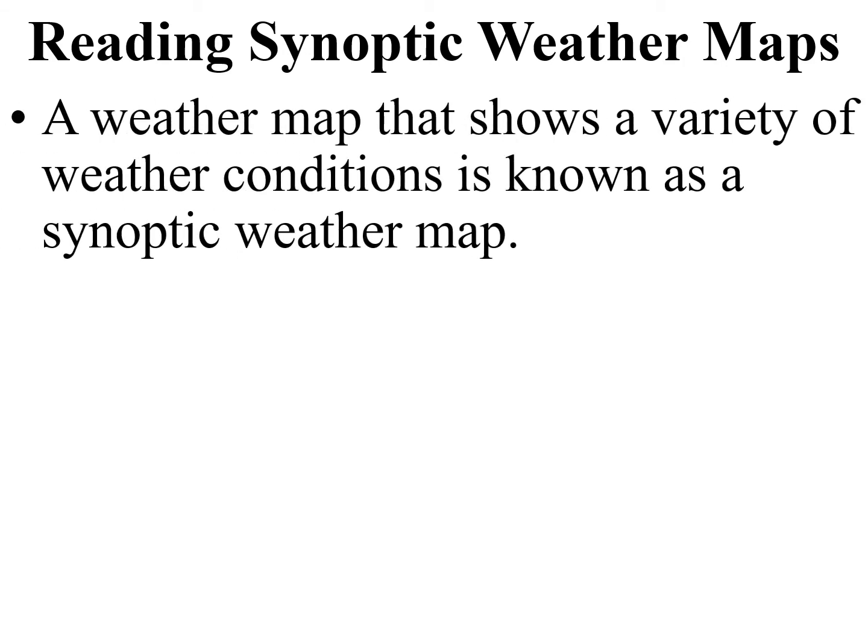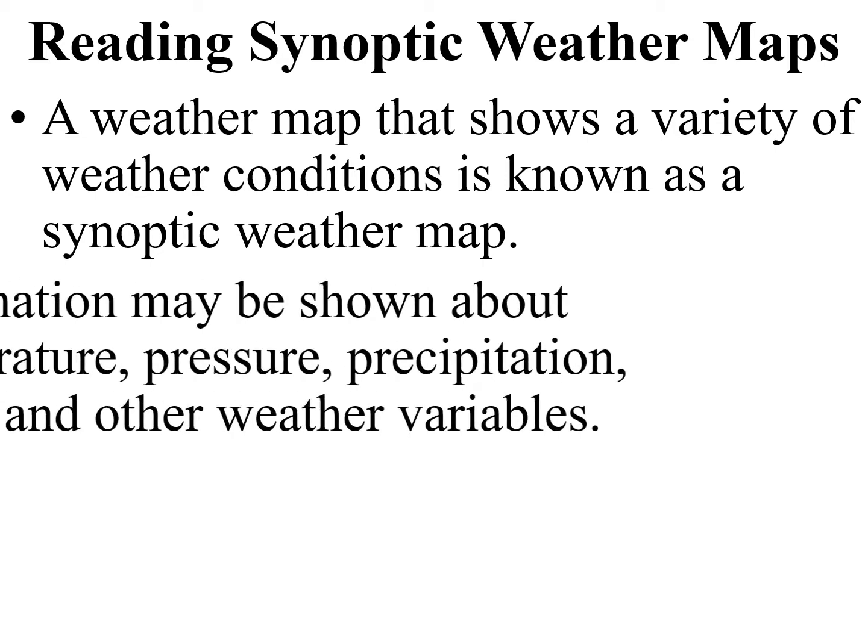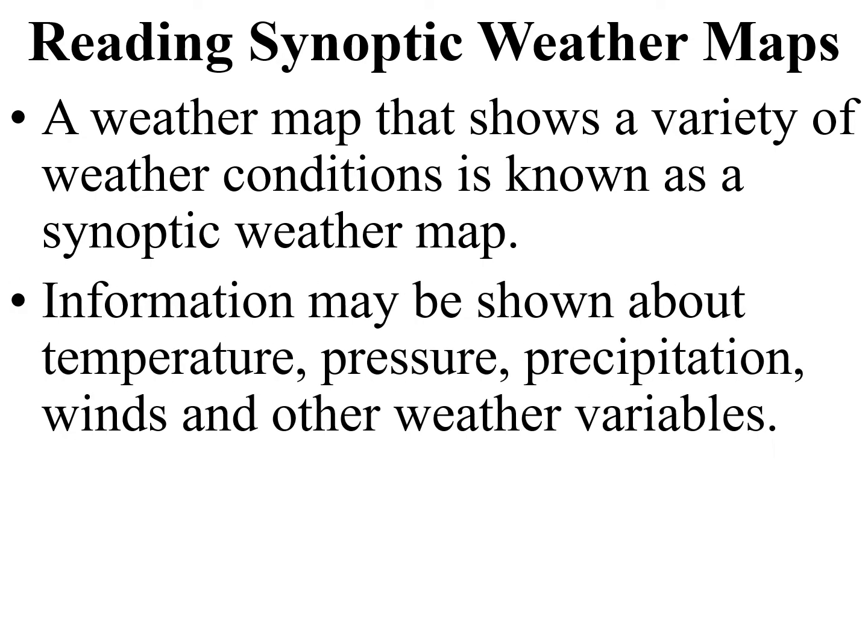So a synoptic weather map is a map that shows a variety of weather conditions, all in one weather map in such abbreviated fashion that you can see over a huge weather map all the different weather variables on a large region. So information on that synopsis, that abbreviation, might be shown about temperature, pressure, precipitation, winds, and other weather variables.